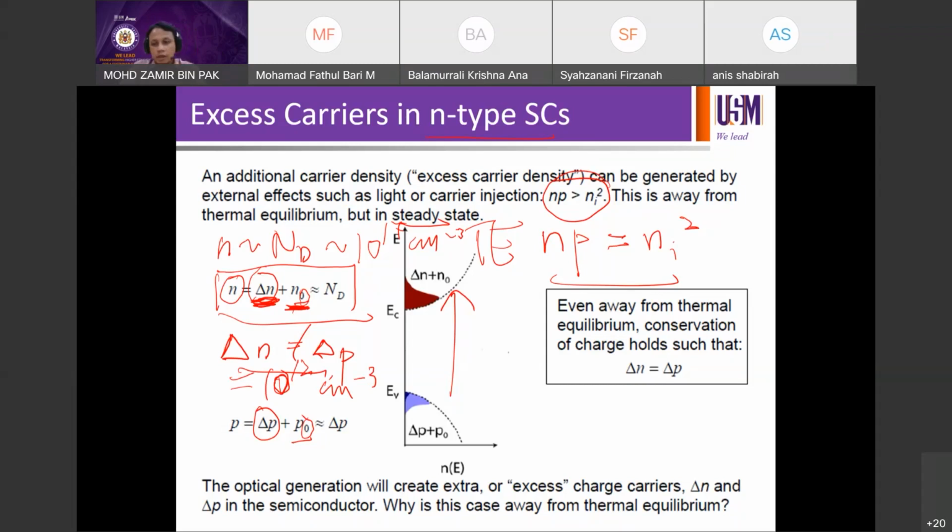Oh, almost 11. Let me finish this slide. 10 to the 12 of delta N and delta P. So what happens to your N now? Delta N is 10 to the 12.